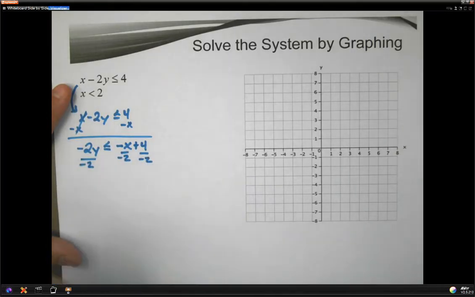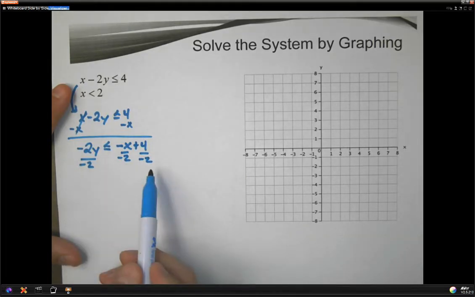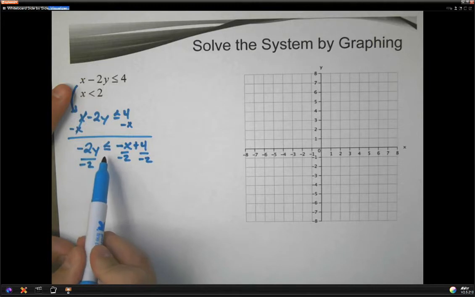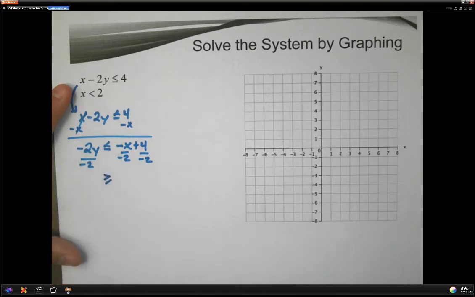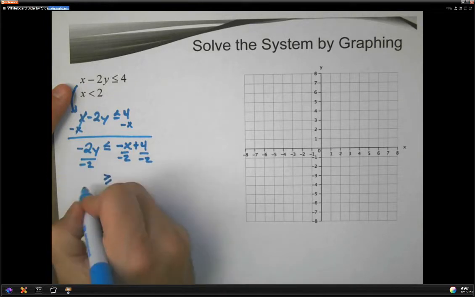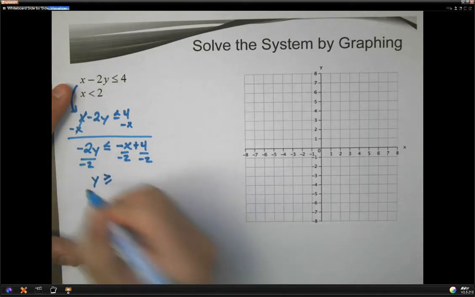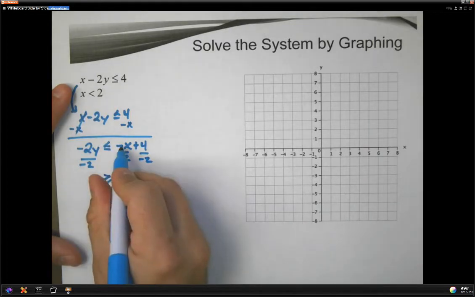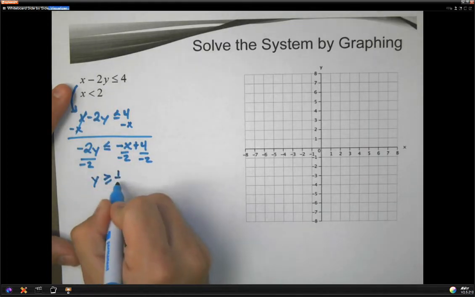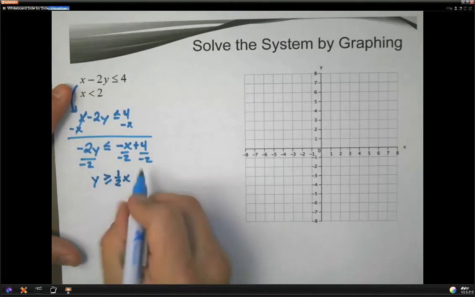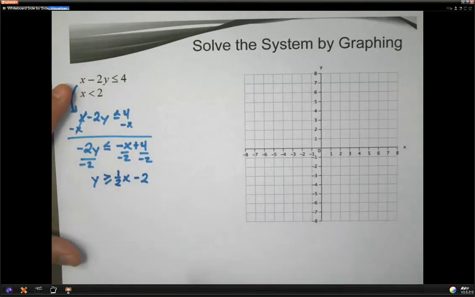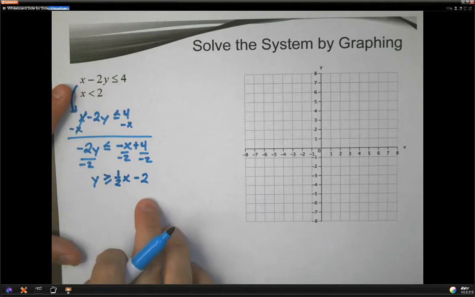Now, if we go back to our helpful reminders, when we divide by a negative, we do need to flip the sign. So it now becomes greater than or equal to, because we are dividing both sides by a negative. And so we get y is greater than or equal to, a negative and a negative make a positive, 1/2 x, and 4 divided by negative 2 is negative 2. And so now we've got it in slope-intercept form.